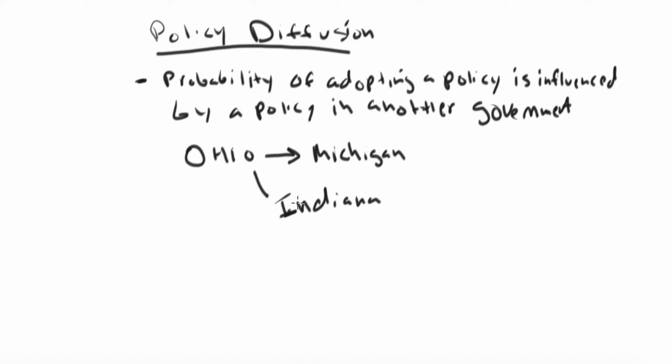Now, states tend to influence other states that are bordering them for a couple of reasons. Number one, because they share policy relevant characteristics. Ohio and Michigan and Indiana aren't terribly different states culturally, that is, except Ohio has a culture of winning a lot of football games while Michigan does not.